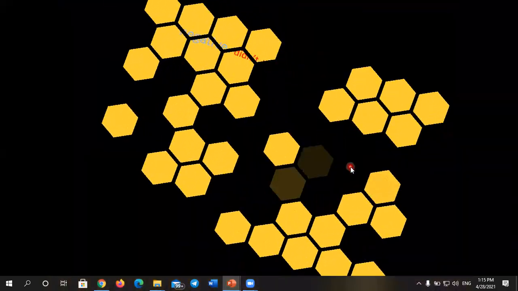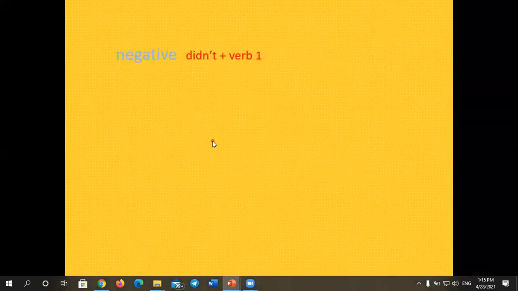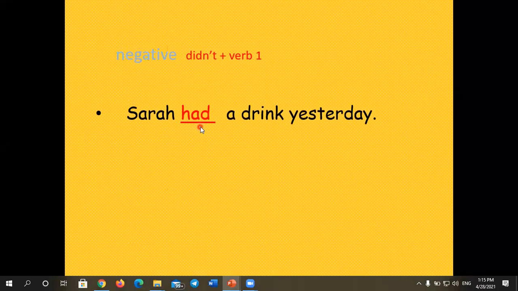Now, look at the sentence. Sarah had a drink yesterday. Now we are going to change this sentence into negative. Do you remember negative means not? If I want to change this sentence into negative, we use Mr. Did in front of the verb. Sarah had a drink yesterday.